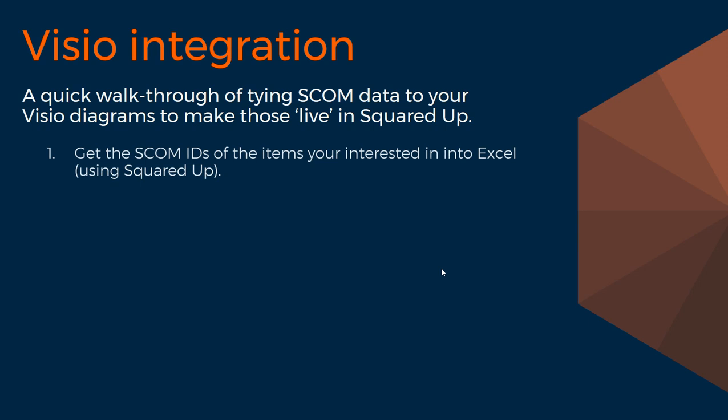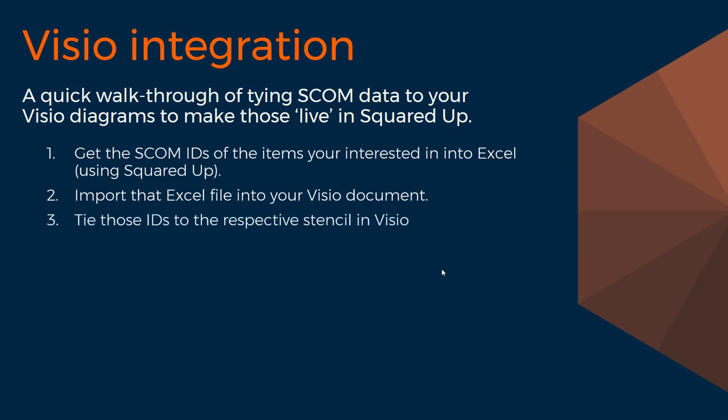So the first thing that we need is our SCOM object IDs, because that's what we need to tie to our Visio stencils. And Squared Up makes it very easy for you to get hold of those and pop those into Microsoft Excel. You then import that Excel file into your Visio document and tie or bind those object IDs to the correct stencil within Visio.